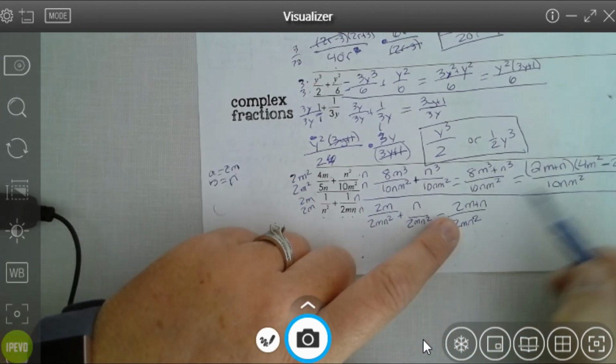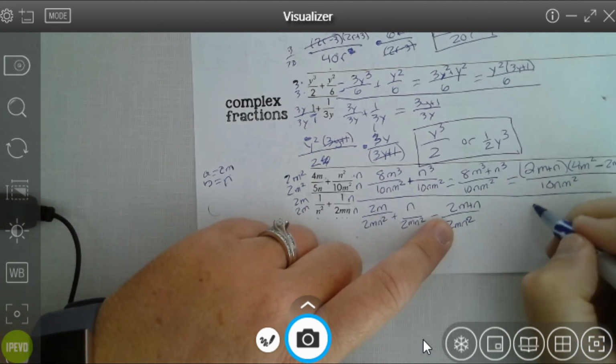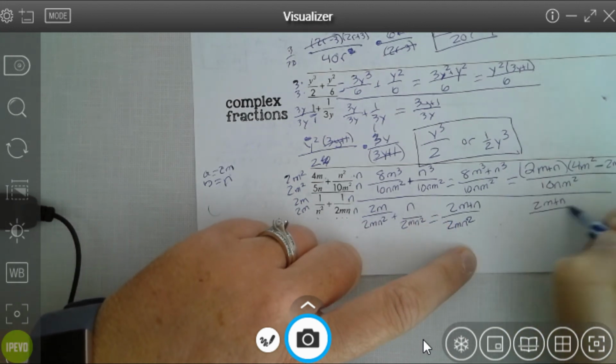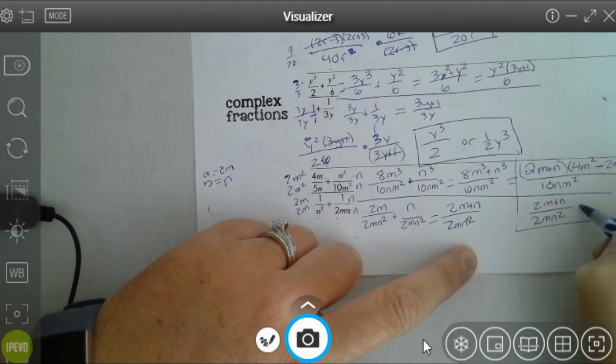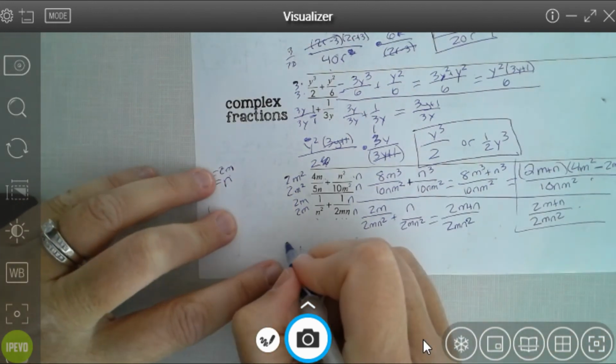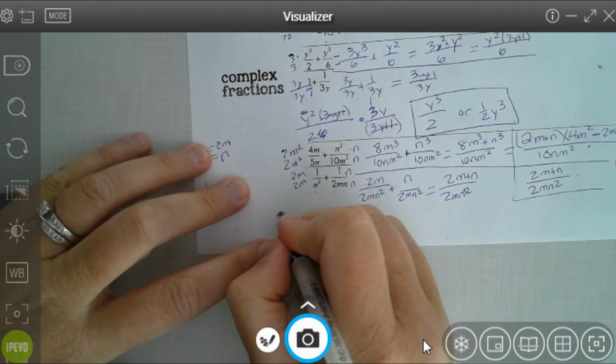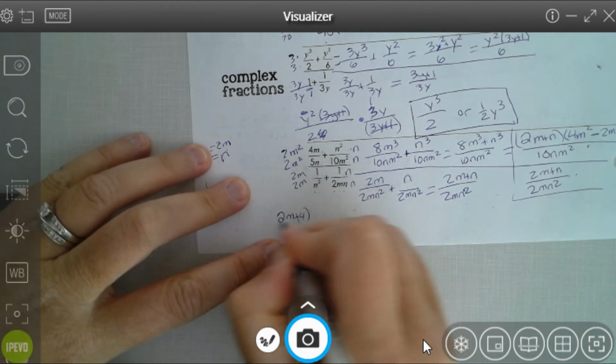So now this fraction is underneath this one right here. So it just took me less steps. So same that we've been doing before. So this right here, we're going to flip the bottom and multiply it. So we have 2m plus n.